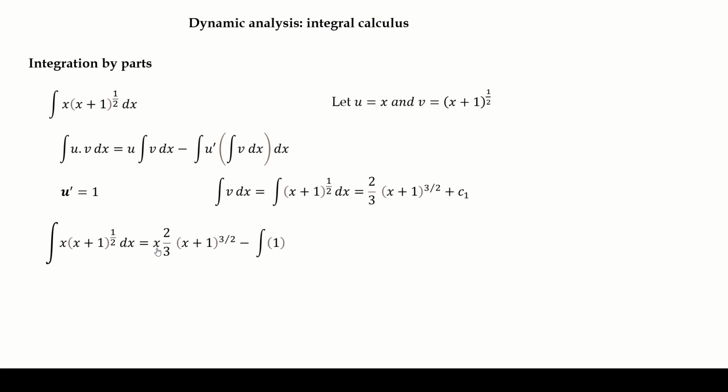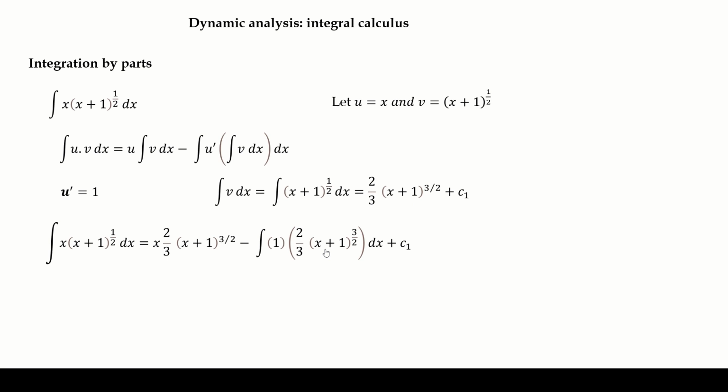Write down u over here, the integral of v dx that we found over here, minus the integral of u prime, which is 1. Over here we just write down the integral of v dx that we found already, so we're going to plug it in.